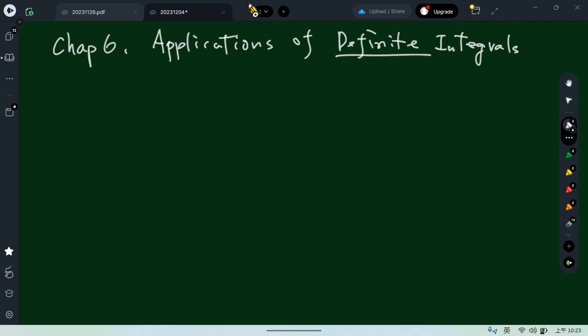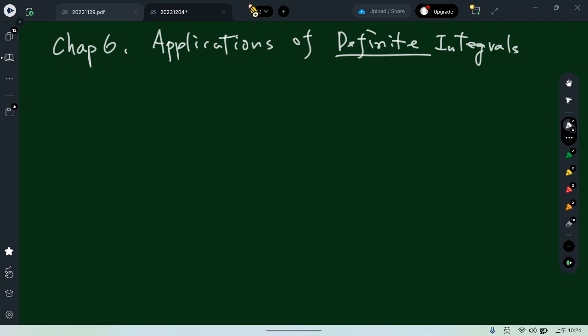Actually, we already learned this part a little bit in chapter 5. For example, we just use definite integral to calculate the area, right? Area between two curves, right? In chapter 5, already learned it. But this time, we have more applications for definite integrals in chapter 6.